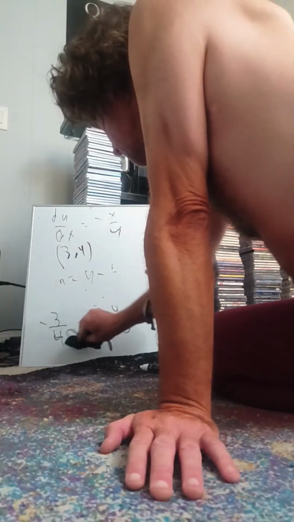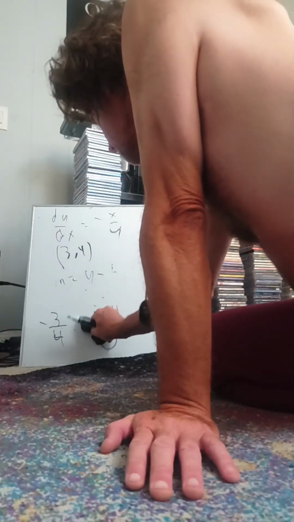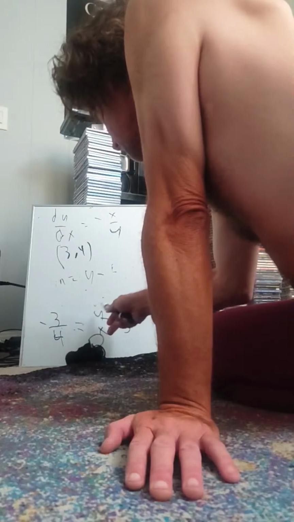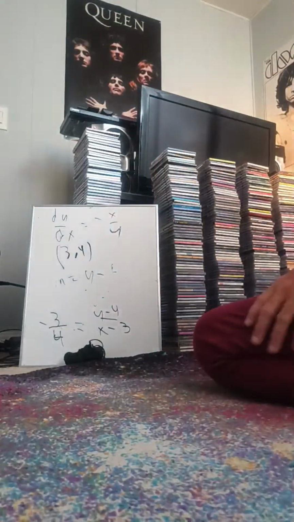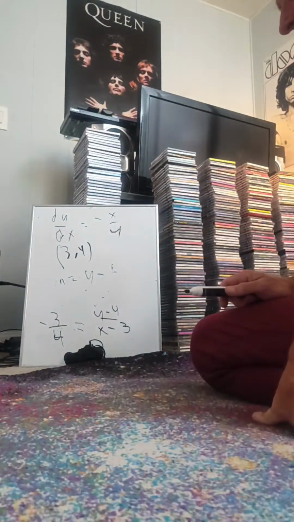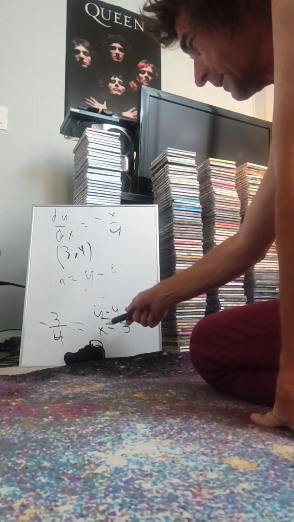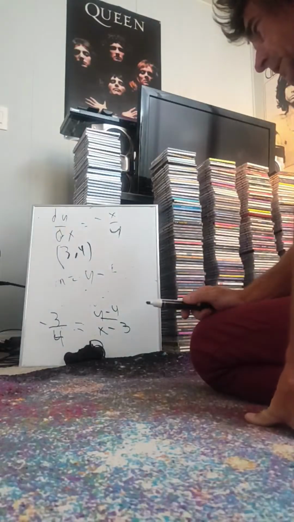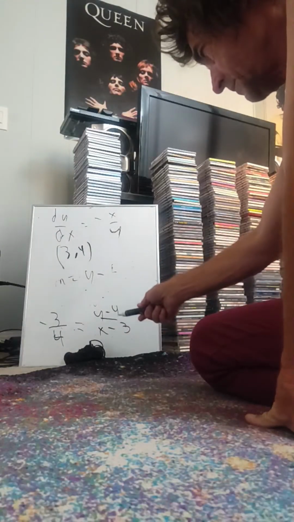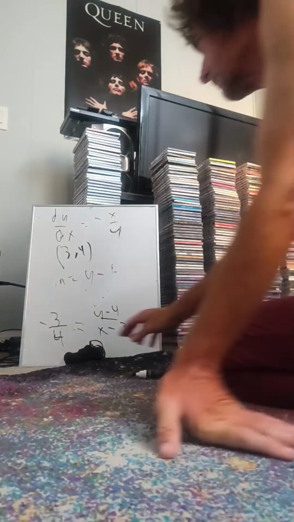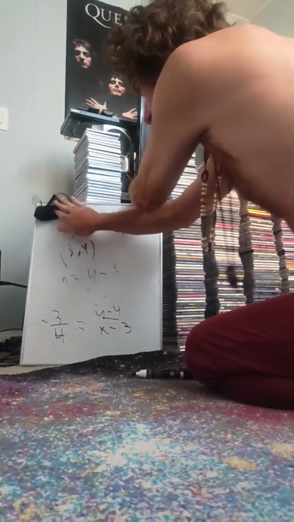Come on, Jim. I just want the m equals, yeah, that's right. Slope is minus 3/4 equals y minus 4, the rise, over x minus 3, the run. Solve this for y, and you have the tangent line's equation.